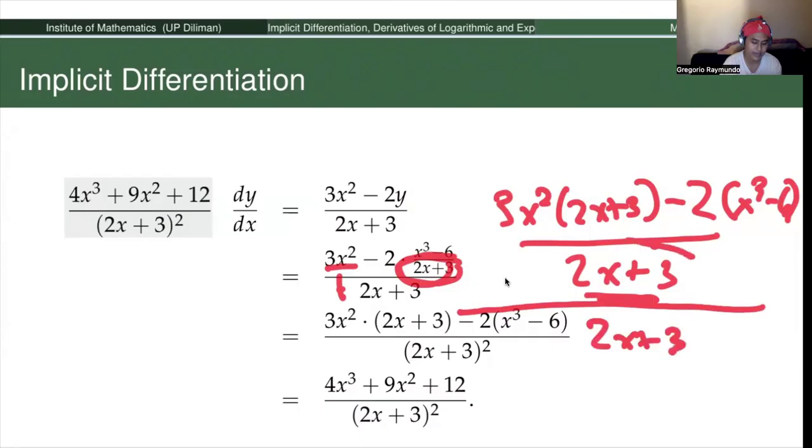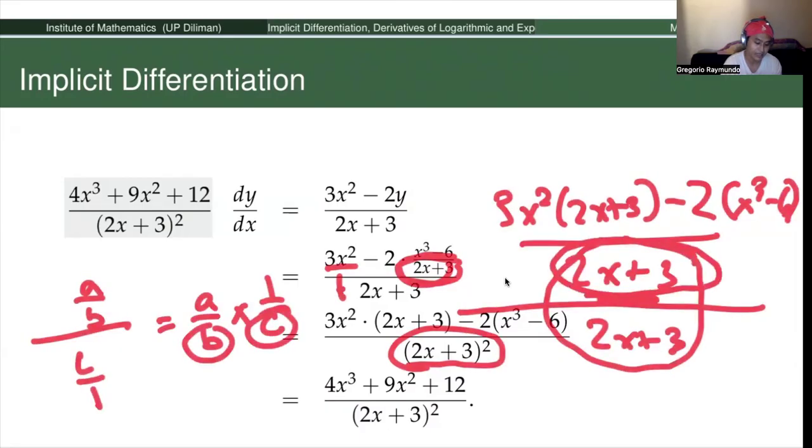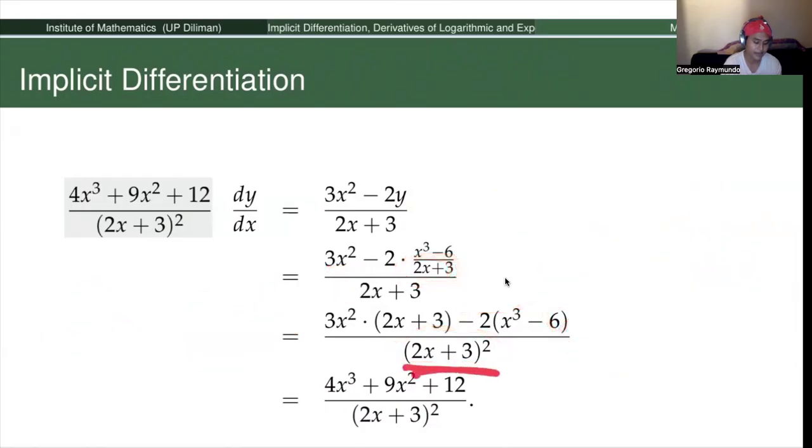So mangyayari, itong dalawang denominators, magkasama sila, magiging 2x plus 3 squared. Okay? Kasi meron kang a over b all over c. It's equal to a over b times 1 over c, so b times c. Ito yung b, ito yung c. So, nag-multiply c. Magiging ito.